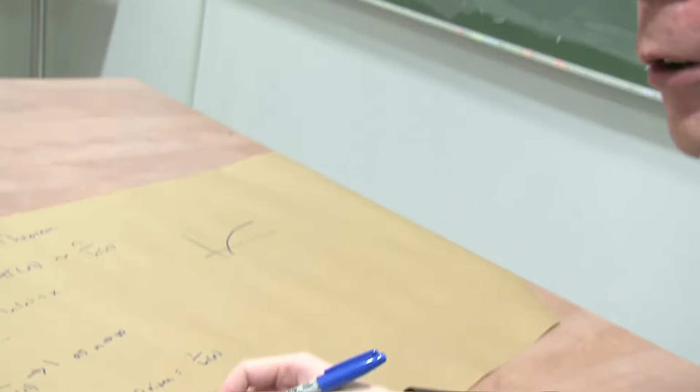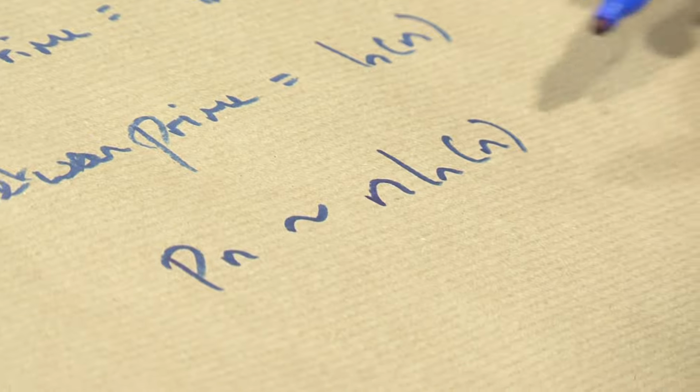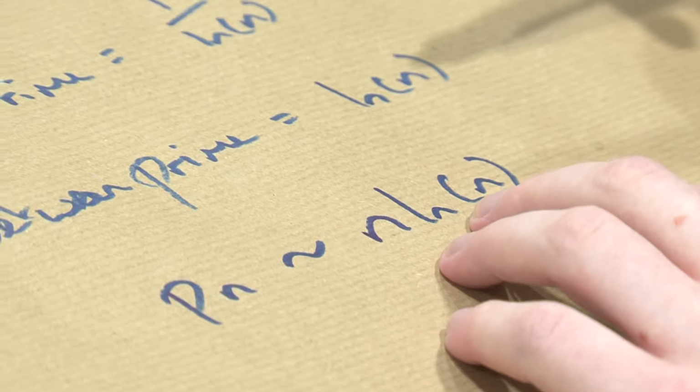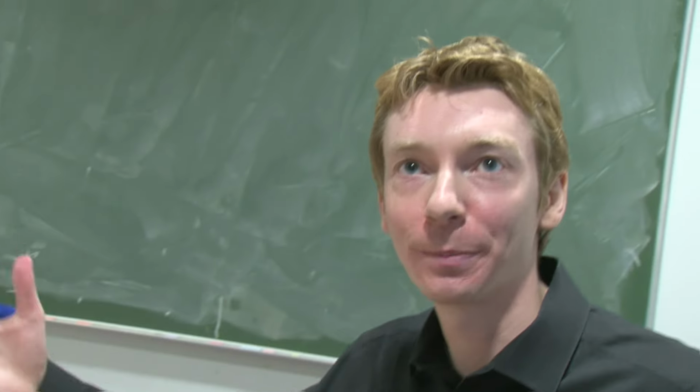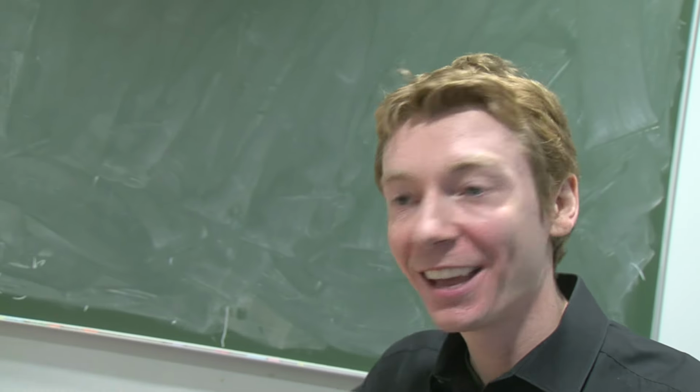A prime number formula. The nth prime, twiddles, is approximately n lots of log n. So you might see where this comes from. If the average gap is log n, then if you want to know the nth prime, you can multiply by n, you add the gaps all together.